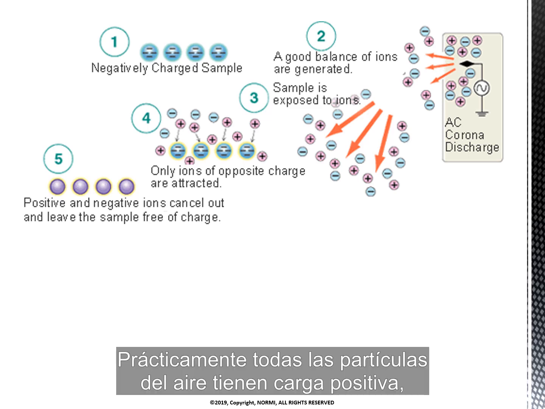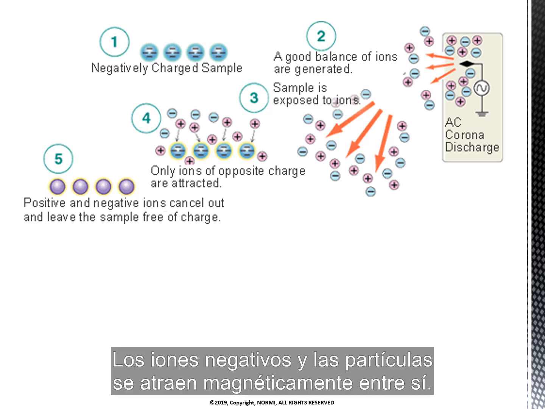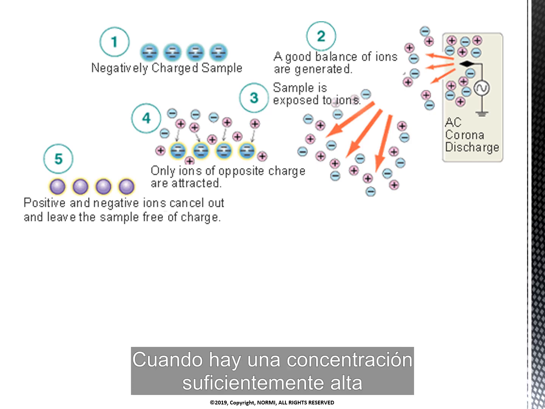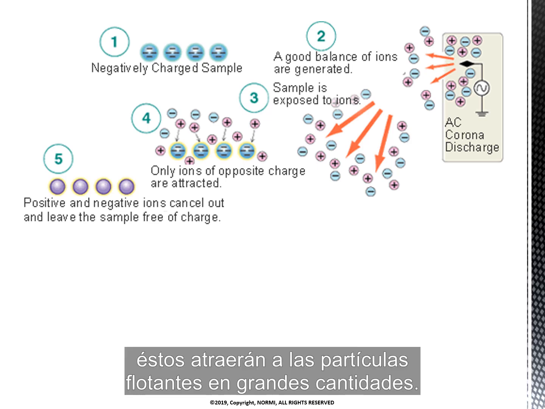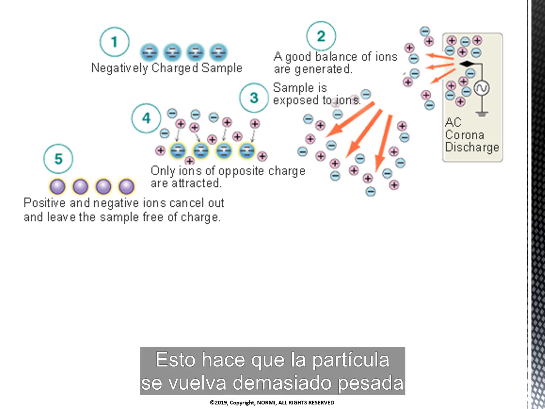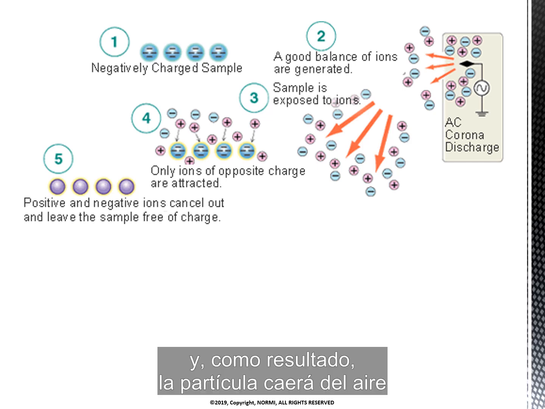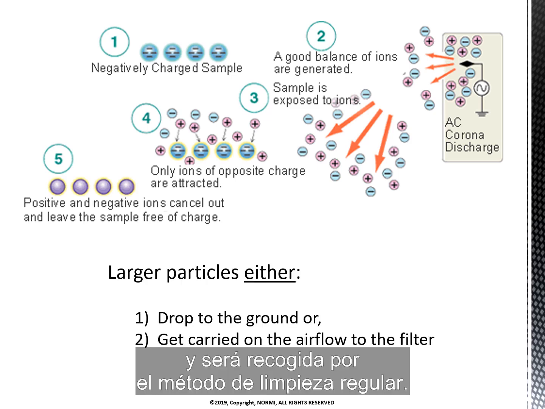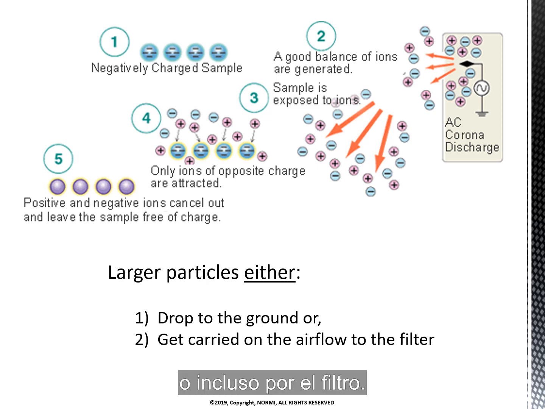Virtually all particles in the air have a positive charge, while negative ions have a negative charge, in which case negative ions and particles magnetically attract to one another. When there's a high enough concentration of negative ions in the air, they will attract to floating particles in large numbers. This causes the particle to become too heavy to remain airborne, and as a result, the particle will fall out of the air and will then be collected by normal cleaning activities such as vacuuming or dusting, or even in the filter.